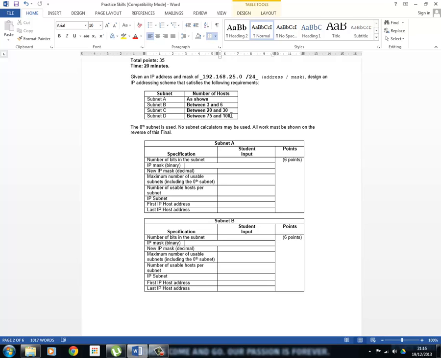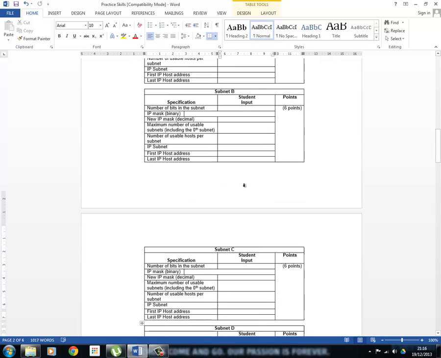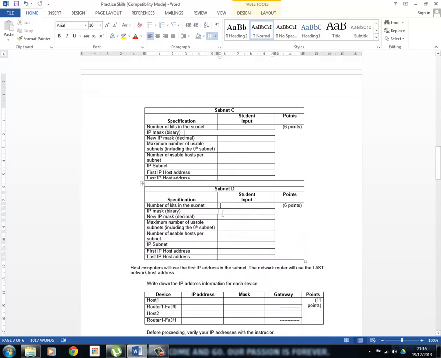Okay, got me? Okay, good. So if I go back down to the D, and it says number of bits in the subnet. Well, if you put your line on the 128, that tells you that it's stroke 25. And therefore we've borrowed 1 bit out of the 4th octet. So you can either put 25, or you can put 1 bit, I will understand.